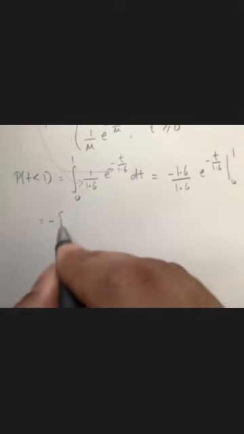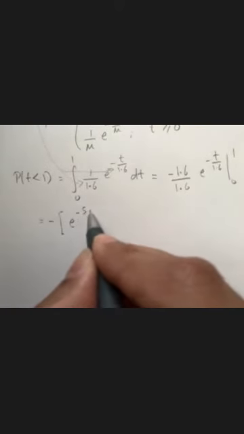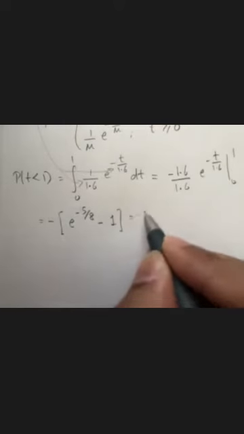Now this antiderivative becomes, so I'm writing a fraction for 1.6. Here I have written 1.6 as 8 over 5.